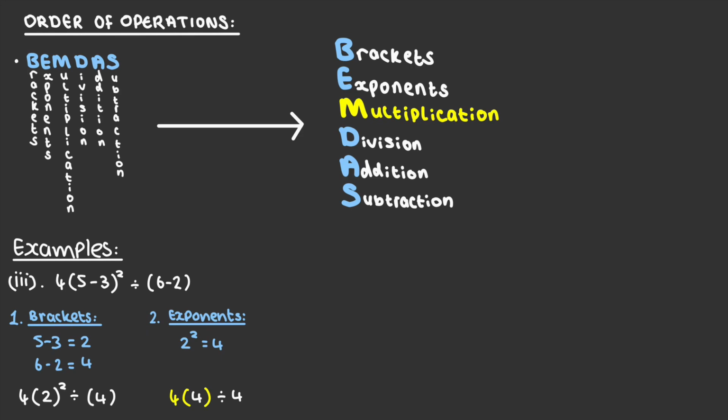In the case of 2 brackets beside one another, everything inside each bracket is multiplied by each other. So multiplying 4 by 4, we get 16. Updating our original sum, we can replace 4 multiplied by 4 by 16. Now, the division operator is the only one remaining. So calculating 16 divided by 4, we get 4.